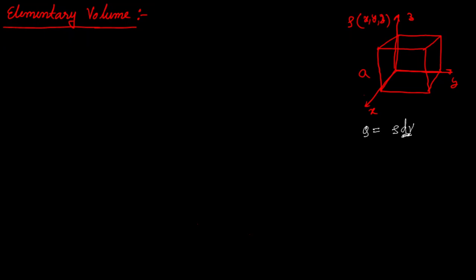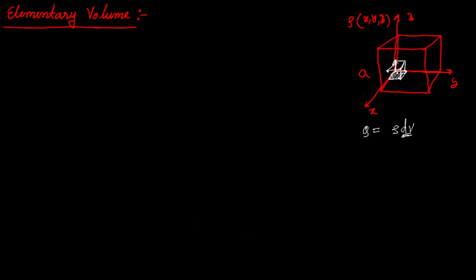So how can we define the smallest possible elementary volume in the rectangular coordinate system? We know that the elementary length along the x-axis is dx, and along the y-axis is dy. So we can create an elementary area on this plane, and if we multiply this area by the elementary length along the z-axis, that gives the volume of a cuboid.